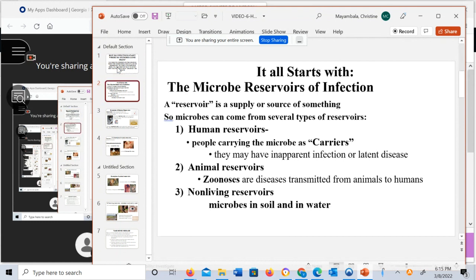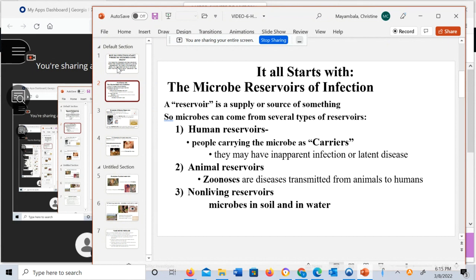So the next slide, slide number 2, is going to cover where these microbes start. And I'm introducing the term reservoir. Now, you may have heard of this term in connection with a water reservoir. For example, if a county has a very big tank, you have seen those by the side of the road, this is the major source of the water supply for the county.